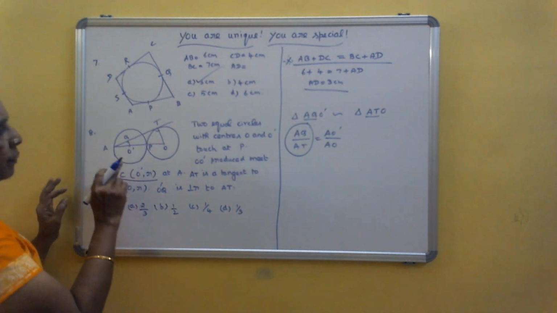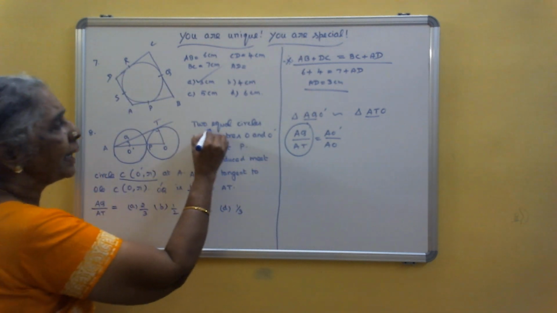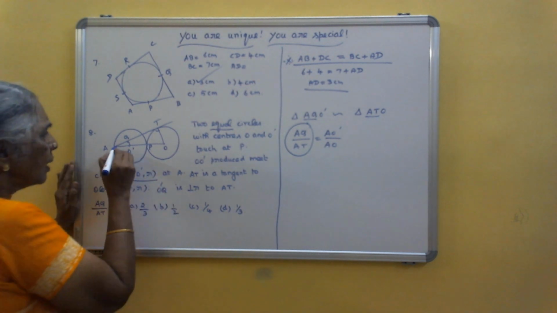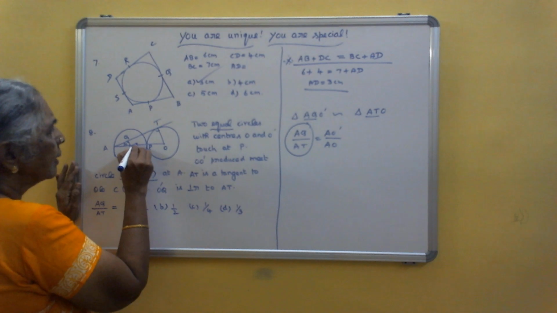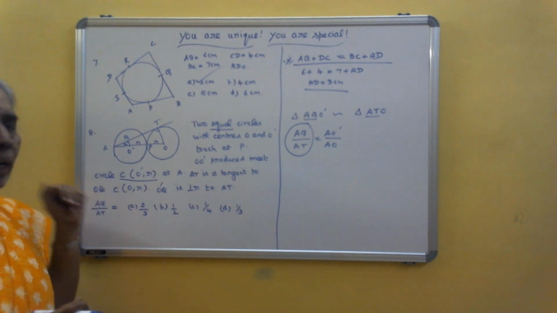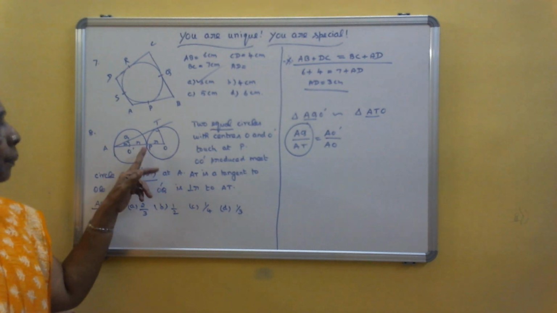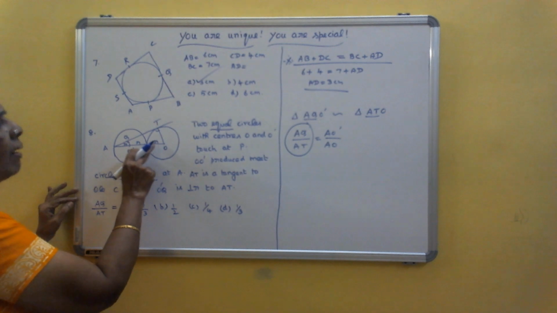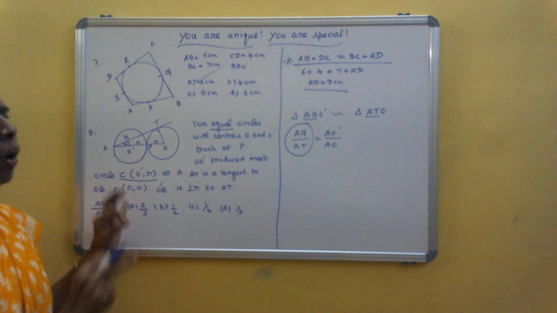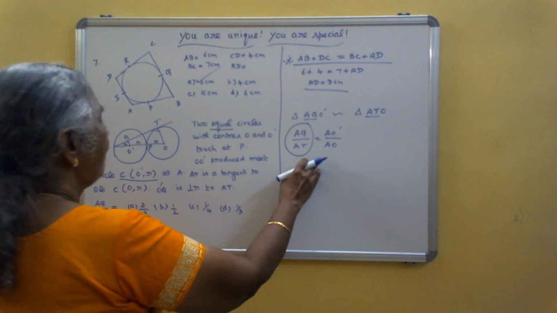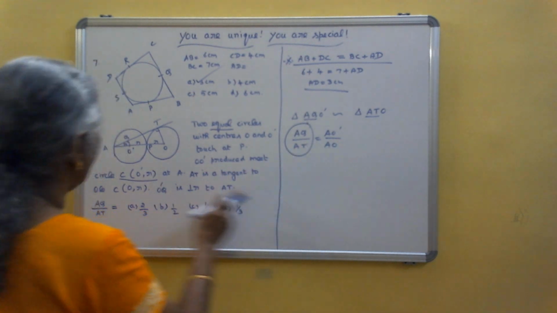Now see the figure. They are equal circles, that means the radii are same. So this is R, this is R, this is R. Do you follow? AO dash is radius, O dash P is radius, OP is also radius. So AO will be 3R. In the place of AO, I can write 3R.